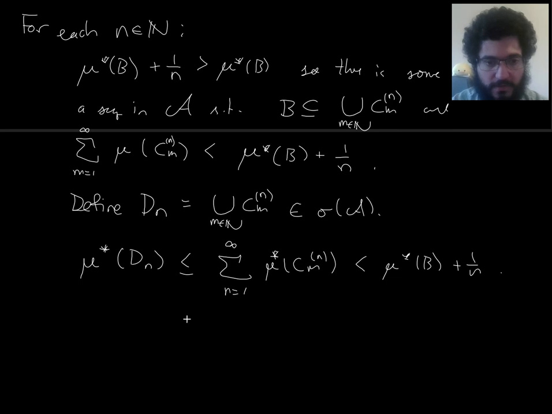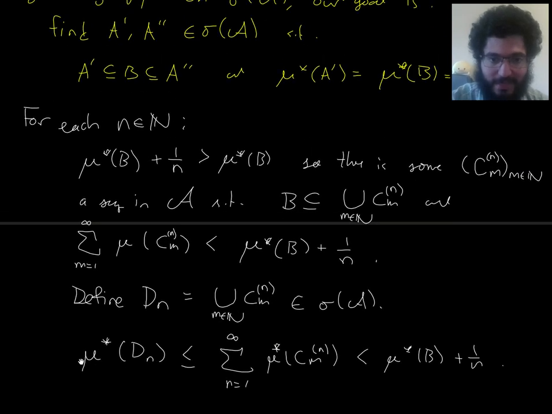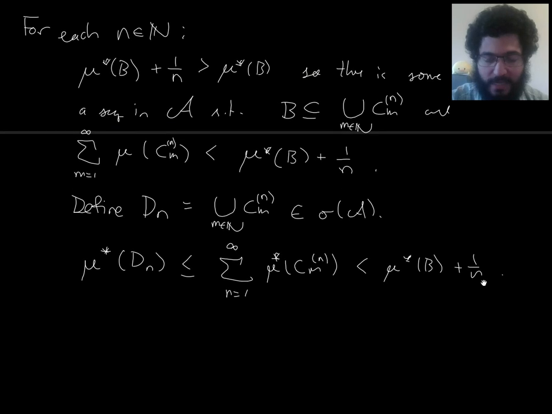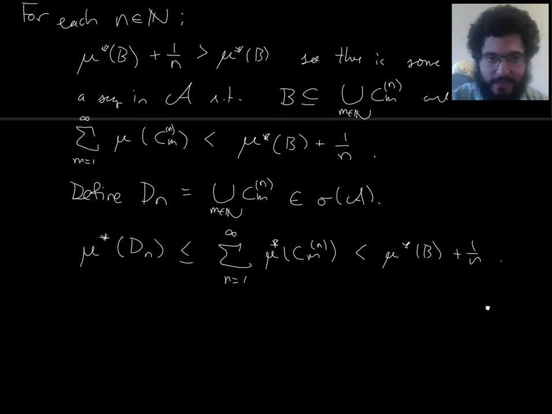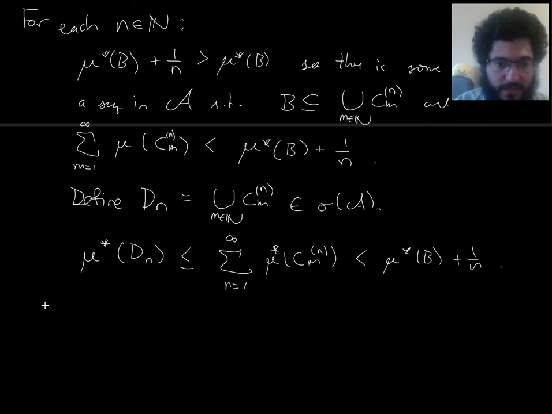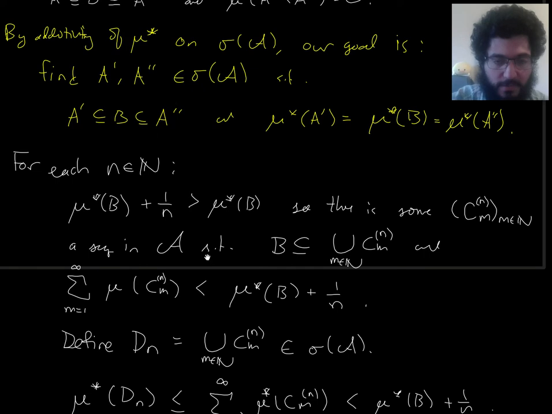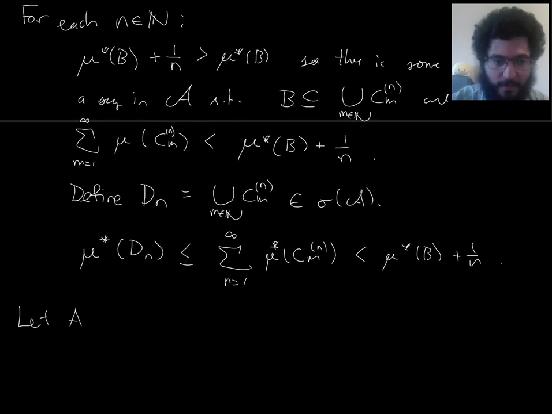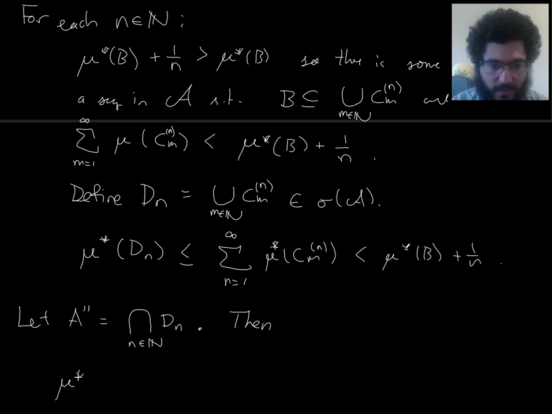All right, so now D_n almost achieves what I want, right? Mu star D_n is almost mu star B, but it's off by 1 over n. And as I increase n, that error gets better and better. So let A prime prime, which was it, A prime or A prime prime? A prime prime is the one from above. Let A prime prime be the intersection of all the D_n's. Then think about mu star A prime prime.